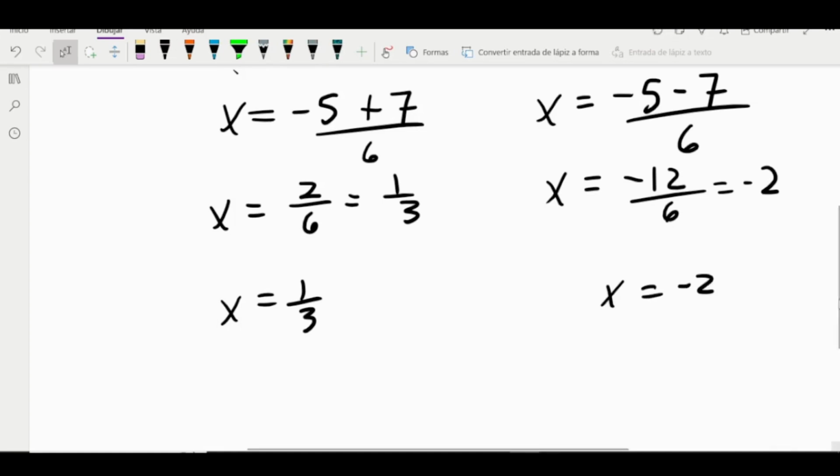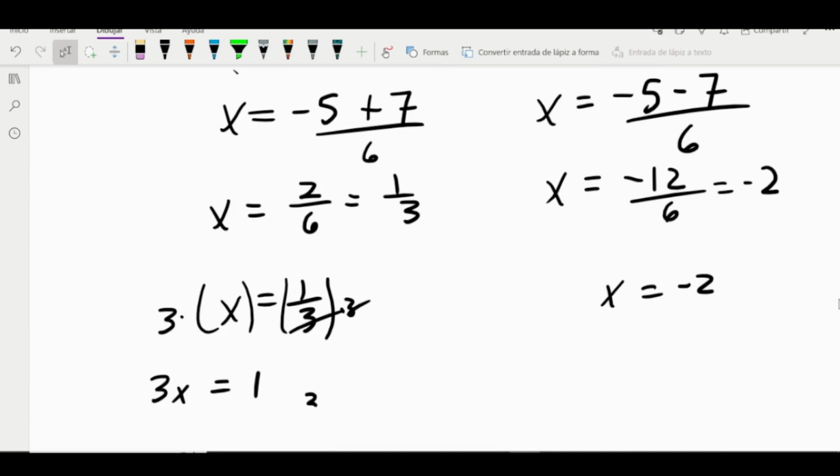Remember, we need to put this equal to 0, so we multiply both sides times 3, we cancel, and that's going to be 3x equals 1, so 3x minus 1 equals 0.